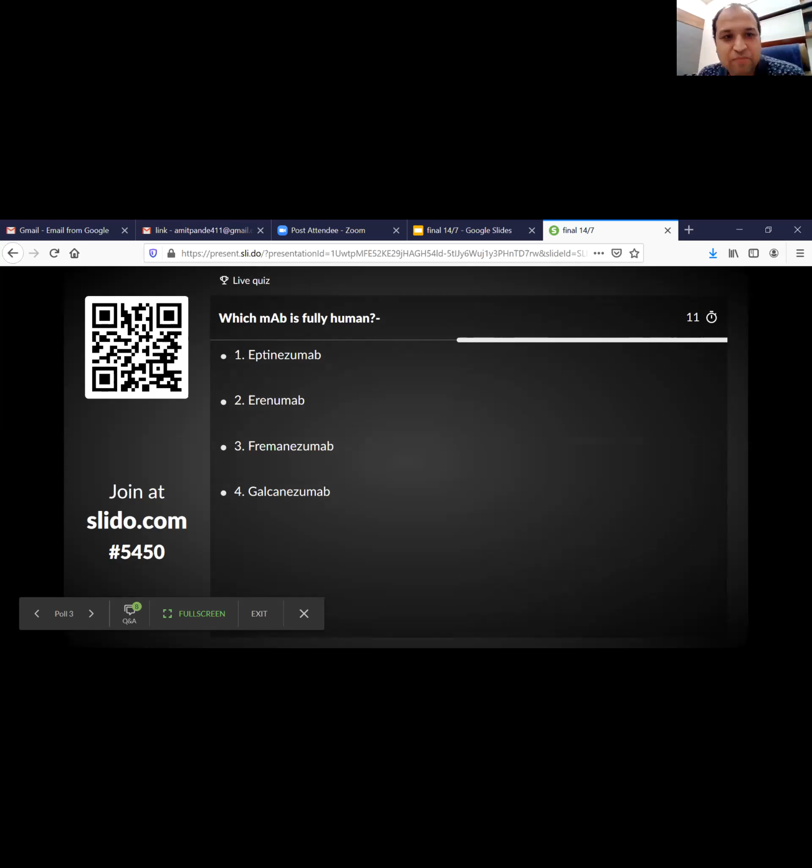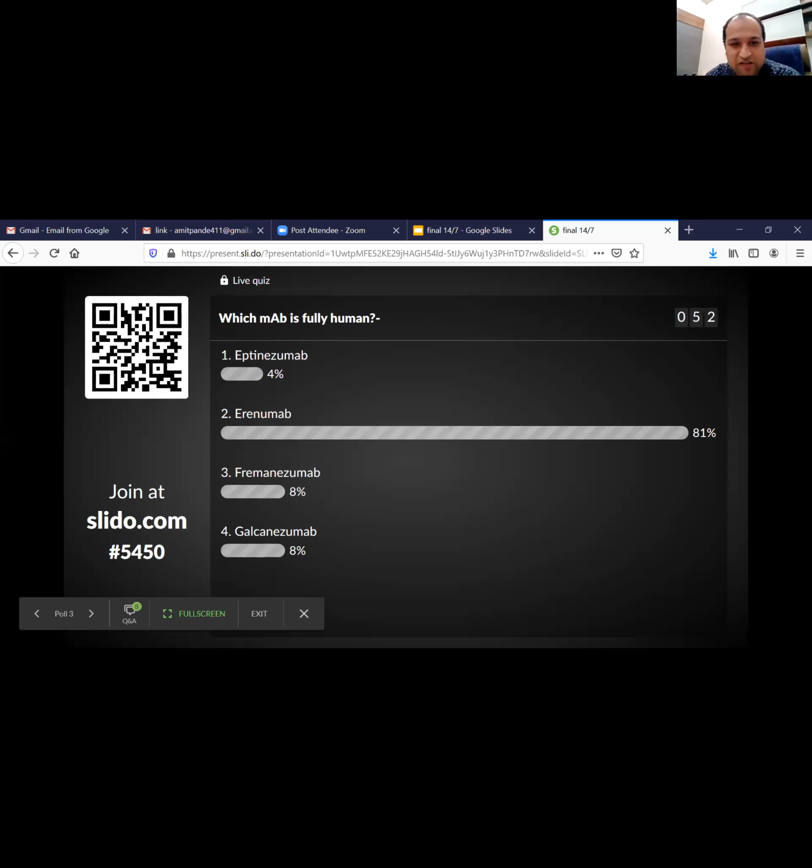This can be an easy one if you read the options correctly. So wow, it was an easy one. So adalimumab. So you've got the right option.